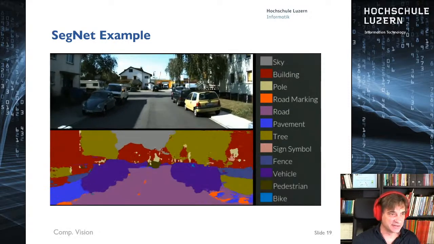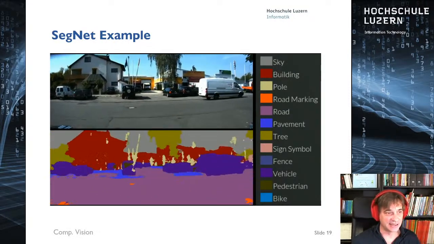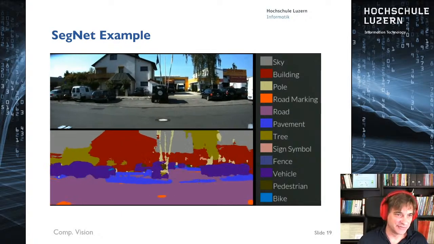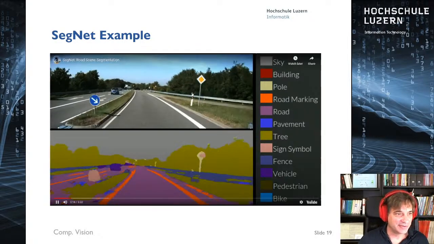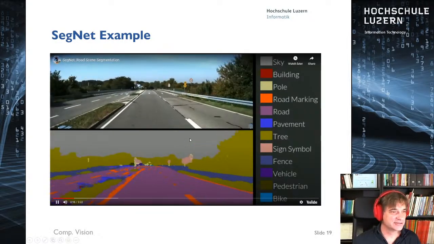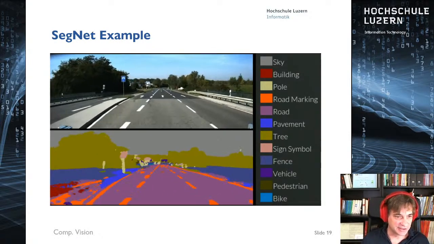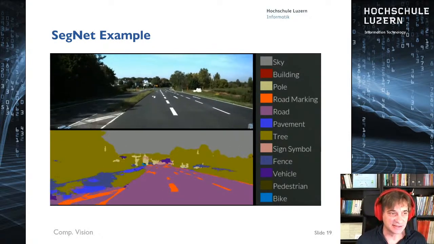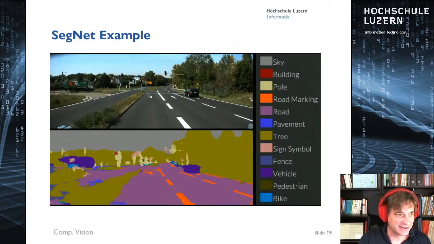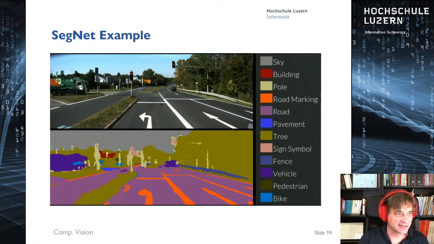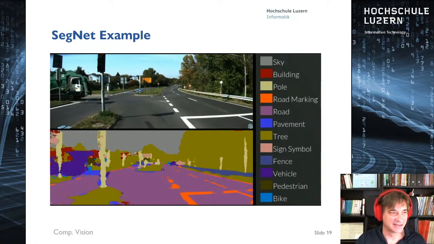On the top you see what the camera sees, and on the bottom the real-time segmentation, which as you can see is quite fast, maybe not correct in all the cases, but in the majority of the cases it detects the correct things. The problem is if there are some things that you didn't detect, like a car or maybe a bicycle, that is of course quite a problem.